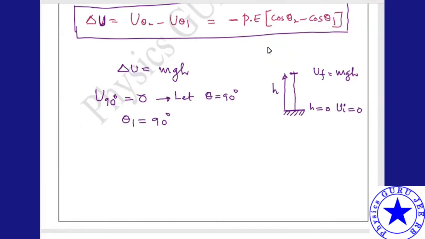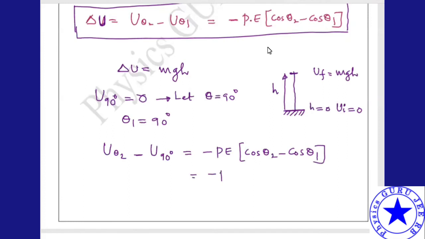So if I want to express the same equation, U of theta 2 minus U of theta 1, where U of theta 1 is at 90 degrees, I can write minus PE into cos of theta 2 minus cos of theta 1. Hope it is clear now. Minus PE into cos theta 1, and cos 90 will become 0.